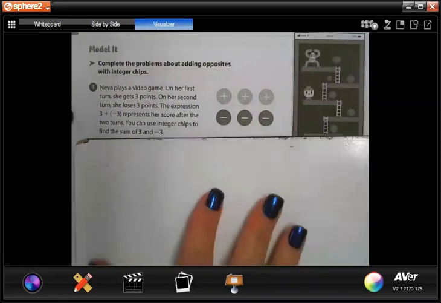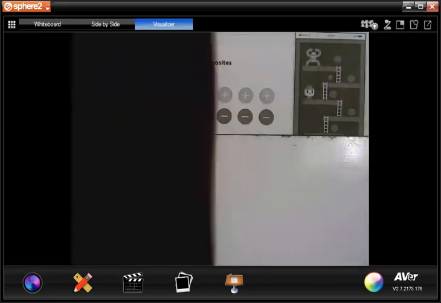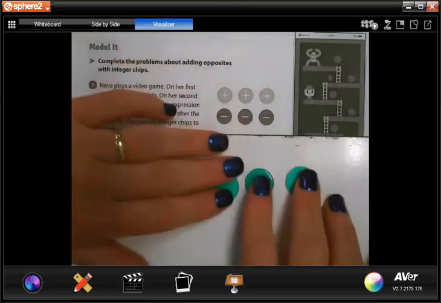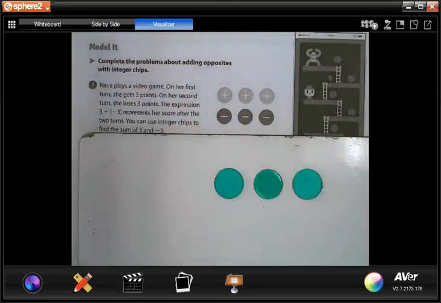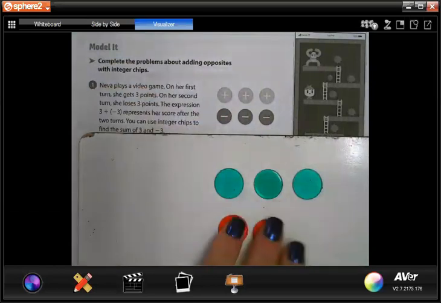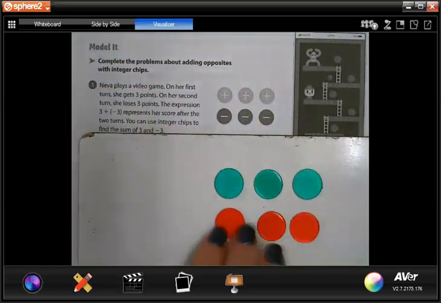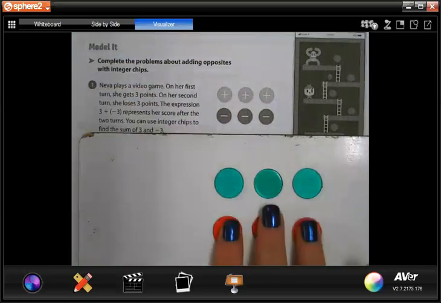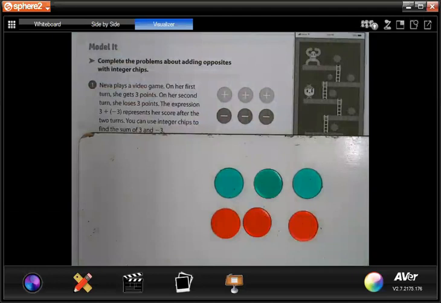So that means she gained 3 points. So that's +3. Okay. She plays that video game again a second round, and unfortunately this time she loses 3 points. Okay. So after the first round, she's up 3 points. Her second round, she loses 3 points.